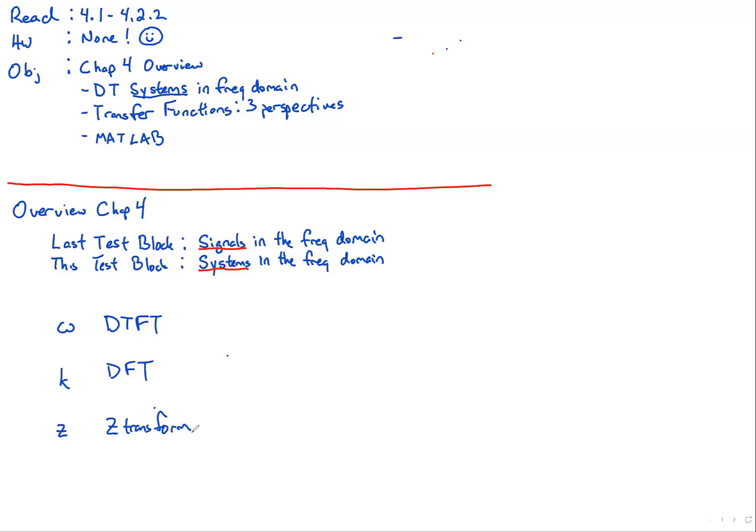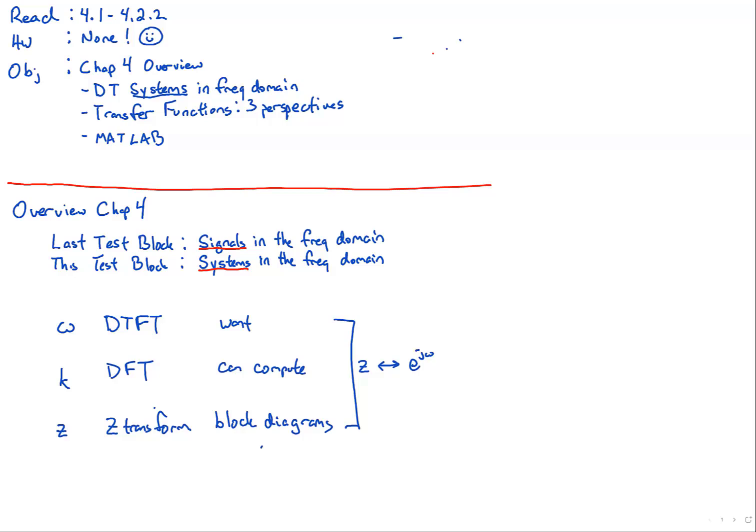And the big picture with all this stuff is omega is what we want to have, but the DFT is what we can compute, and we'll often go into the Z transforms because it makes it easy to work with block diagrams. But these two are very easy to change back and forth. All you need to do is swap a Z for an e to the j omega, and you can swap back and forth between the DTFT and the Z transform domain.